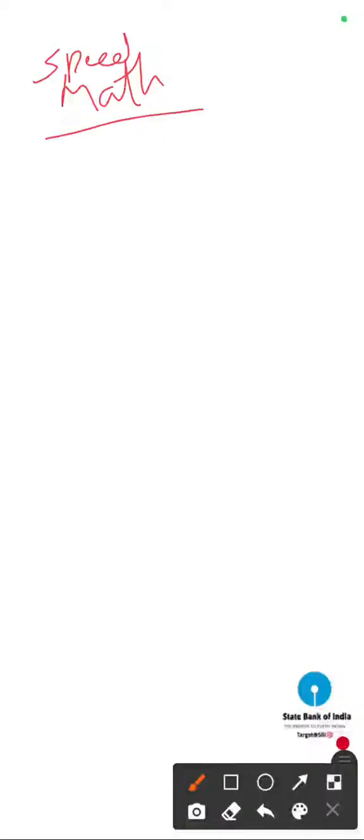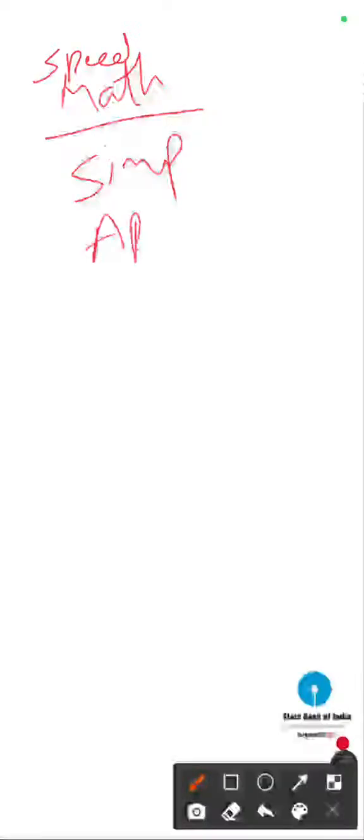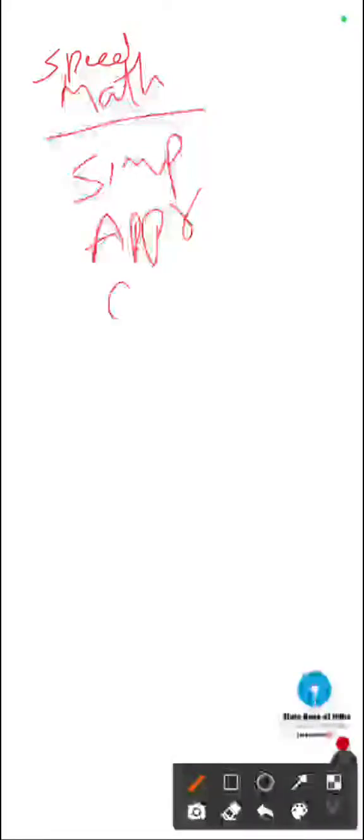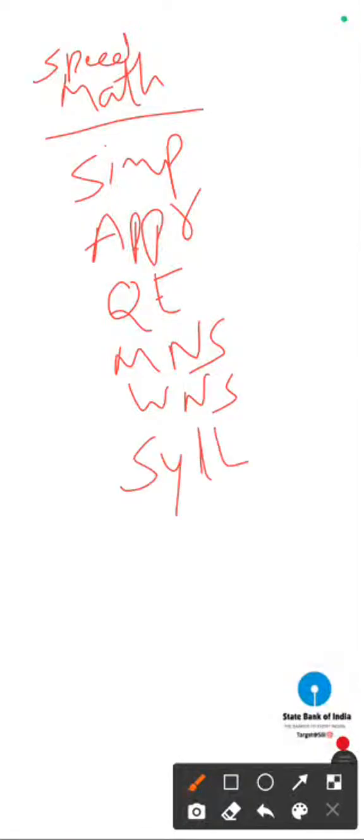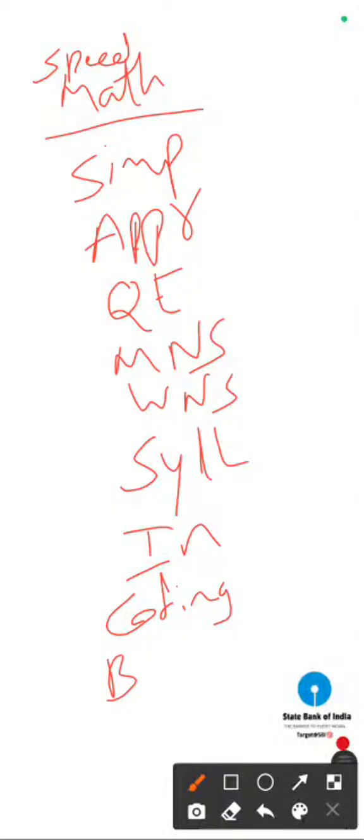Next we saw simplifications, approximation questions, quadratic equations, missing number series, wrong number series, syllogisms, inequalities, and coding, decoding, blood relations, and what else we saw, the SBI PO question paper.